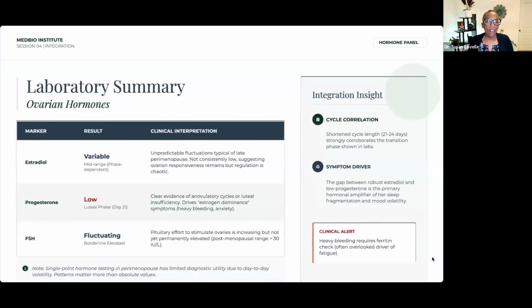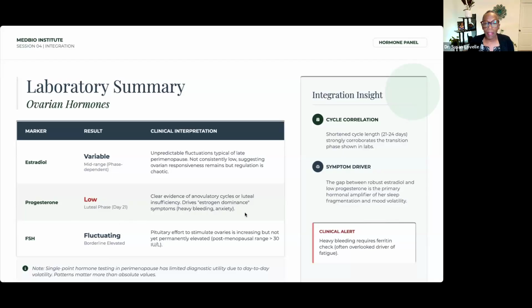Okay. And then if we look at her hormones, what have we got here? Her estradiol is variable. We happen to get it on a day where it was, but we know that if she's in perimenopause, some days it's going to be high, some days it's going to be low. And that's why I said she's seeing more of that estrogen dominant picture. Her progesterone is low.